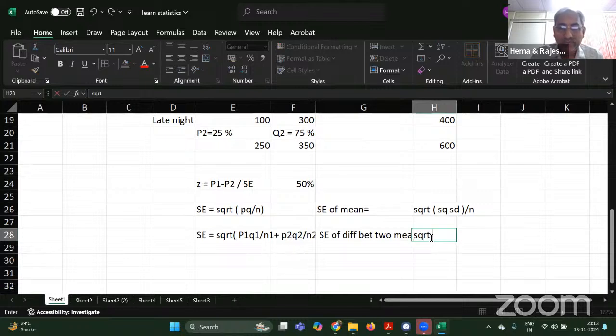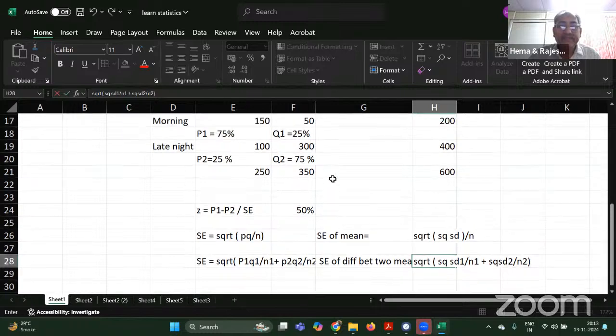Square root of, then what you do is SD1 square divided by n1 plus SD2 square divided by n2. This standard error formula, if you know it, Z becomes very easy. Z is because it measures the difference between expected and the actual, right?